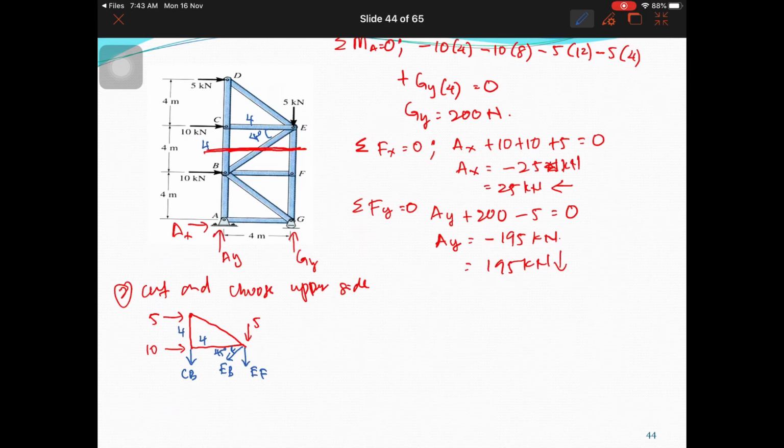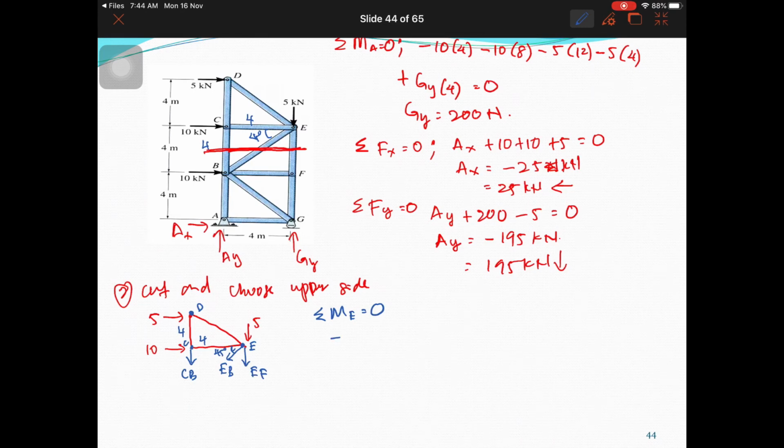And then it becomes easy. So this is point G, point E, this is point C, and this is point D. So find moment at E equal to 0. Why moment at E? Because there are three unknown forces, and the other two pass through E, so they contribute 0 moment.